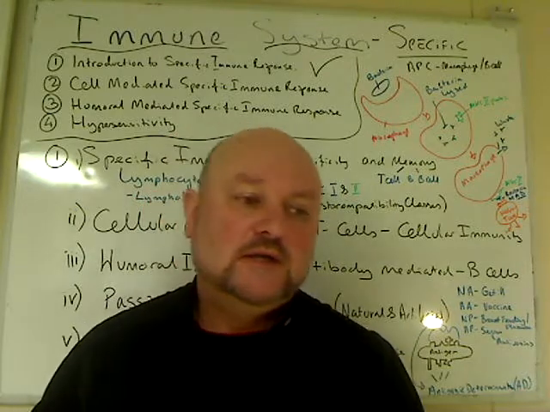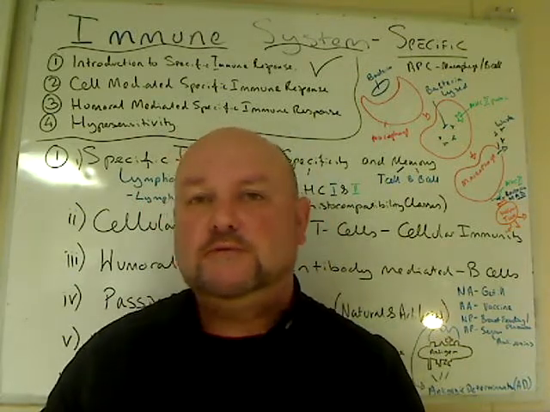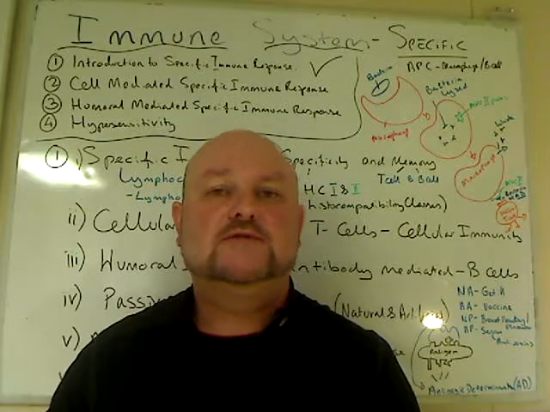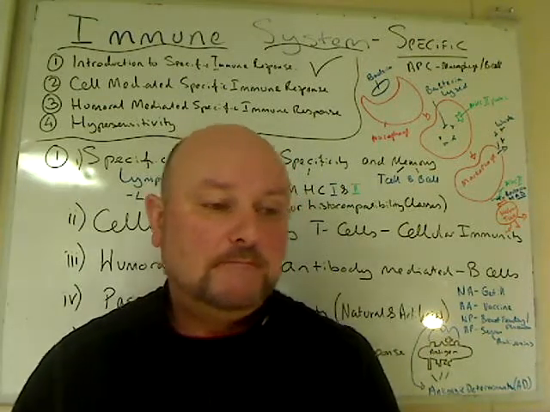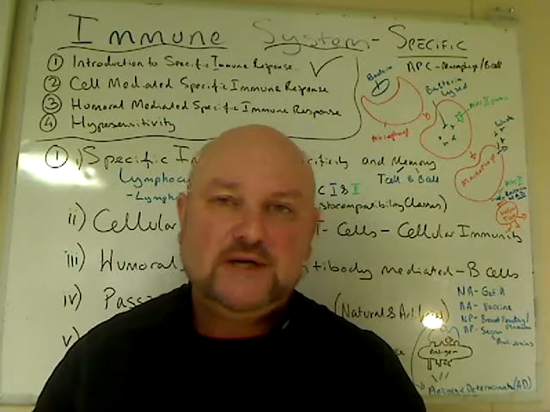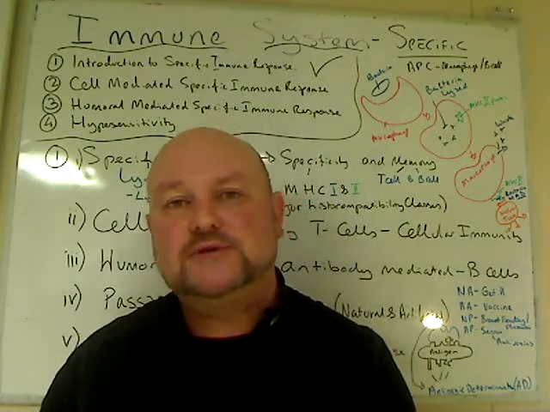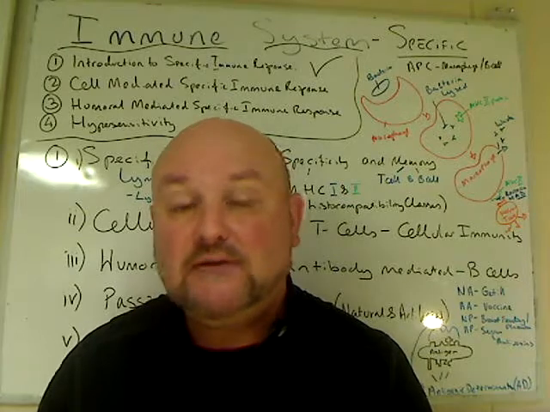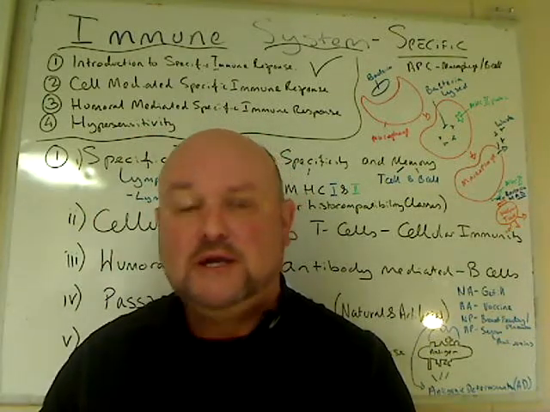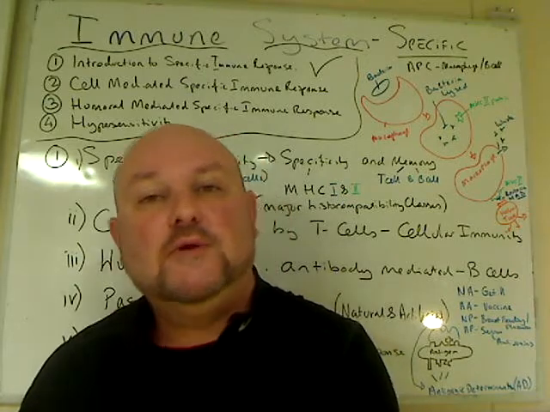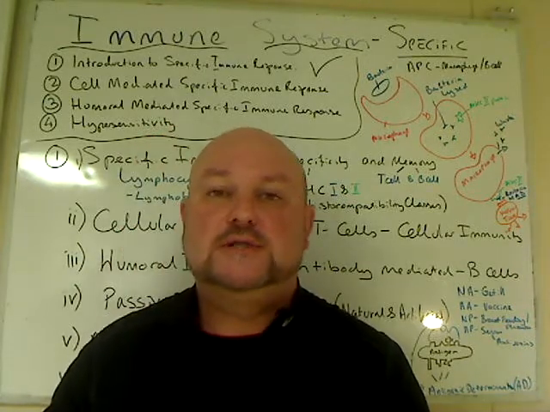And antivenins you can inject into someone and they will mop up and interact with the toxin that the snake has injected into your bloodstream, but they won't stay around. They'll get used up and then they'll leave your system. They won't stay there. They'll have no memory. So passive immunity is about having no memory. It's specific, but it won't exist long term.